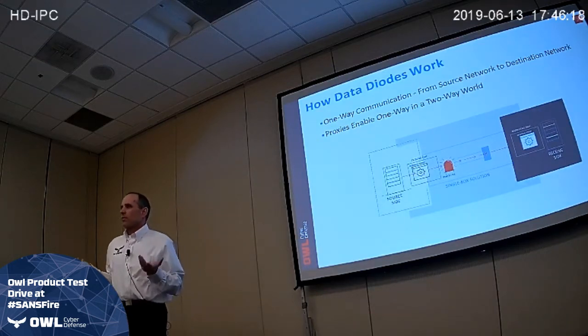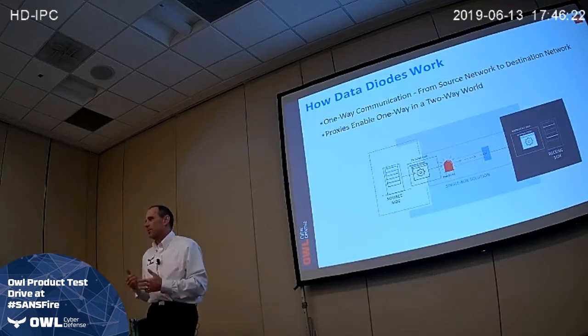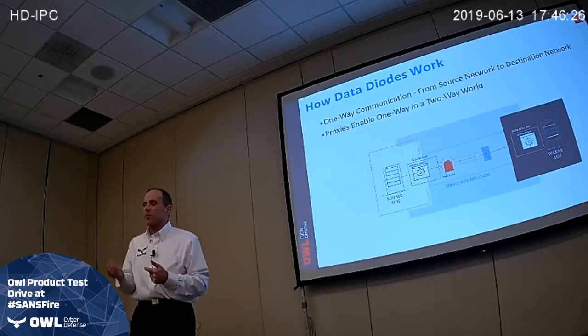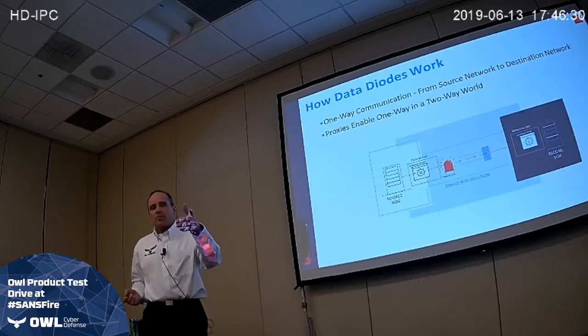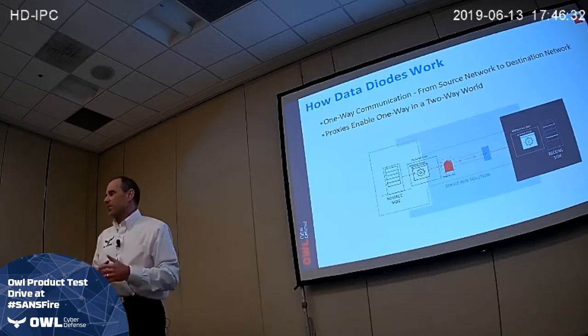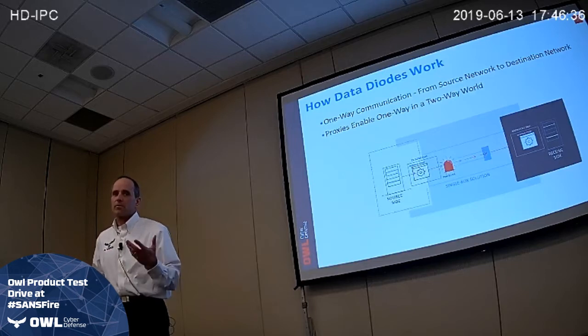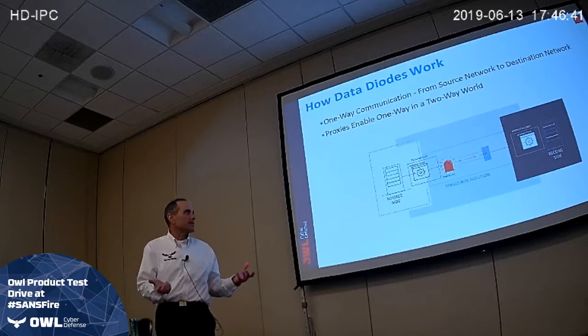Everything is split: there are 2 data ports and 2 administrative ports. You have to administer each side separately, because if you had a common administrative platform, you would have breached both sides. So you have independent administration, which means independent CPUs and independent hard drives. Everything is completely redundant.